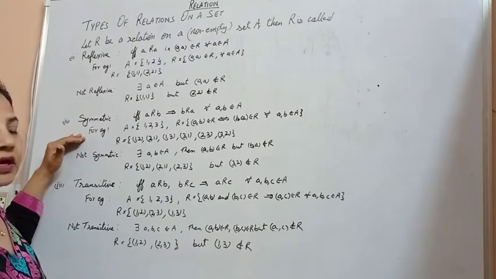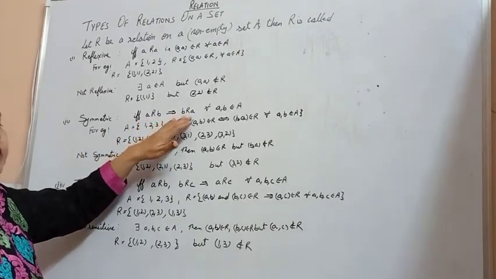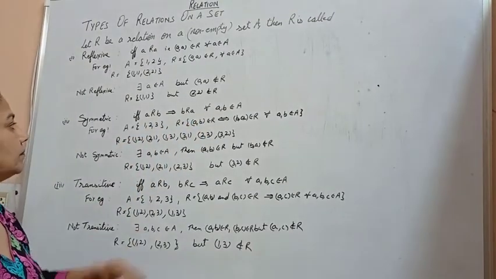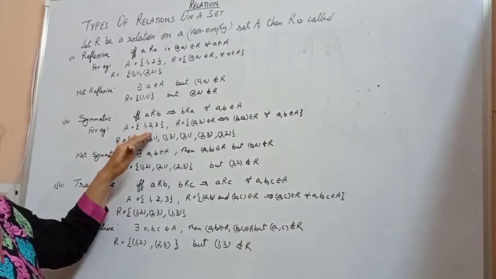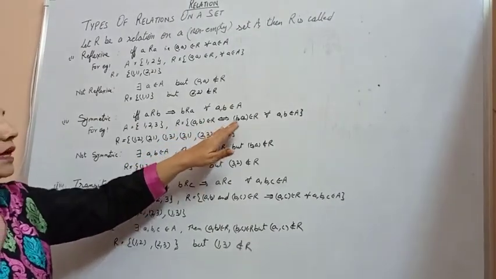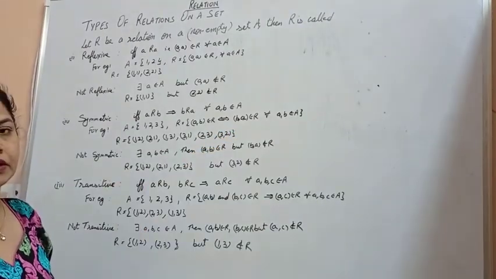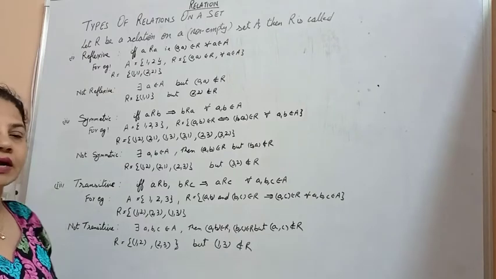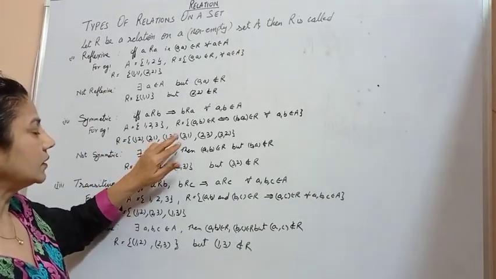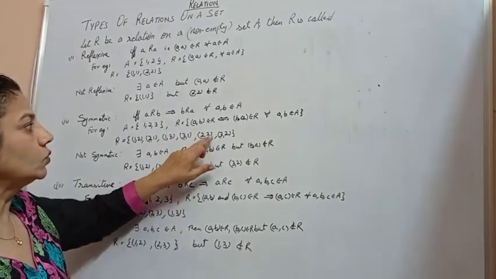Symmetric relation. If and only if a related to b implies b related to a for all a, b belongs to set A. For example, let the set A have the elements 1, 2, 3. Then we say (a, b) belongs to R implies that (b, a) belongs to R for all a, b belongs to set A. It means this relation R has the elements (1, 2), (2, 1), (3, 1), (1, 3), (3, 3), (2, 3), (3, 2).